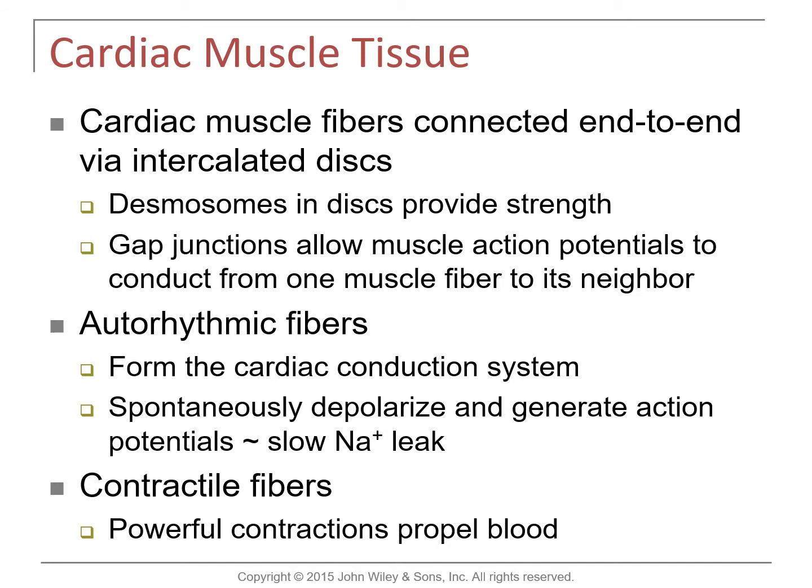The heart muscle tissue is made up of contractile fibers, these myocytes or muscle cells, that create the powerful contractions that propel blood from one chamber to the next and out of the ventricles into the large arteries.